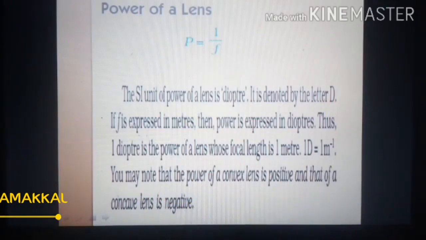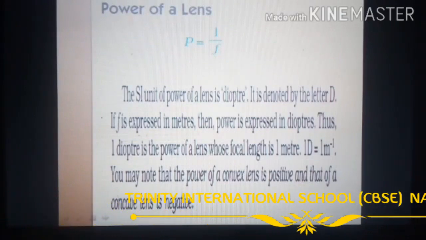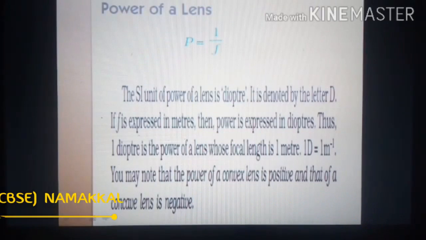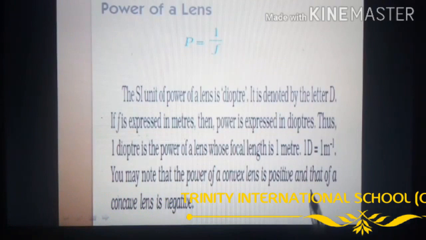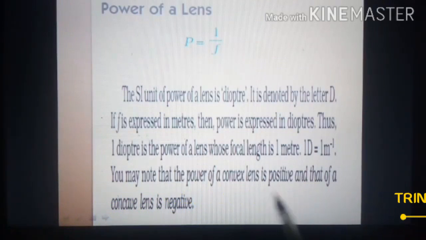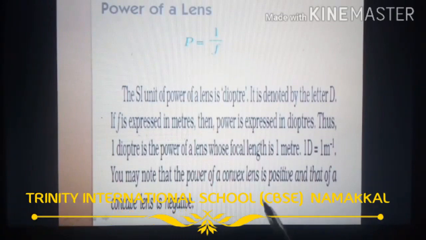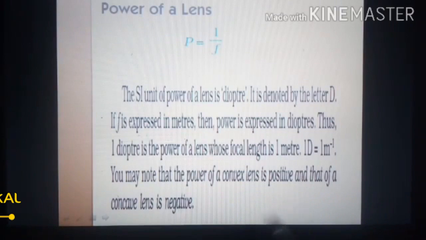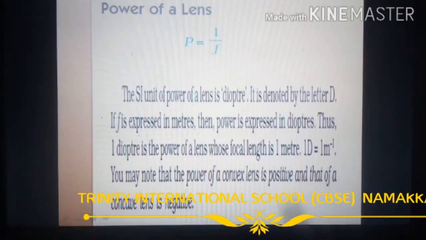Among our students, we are using spectacles. We use different types of spectacles depending on the problem, either myopia or hypermetropia. We use concave and convex lenses to correct long sight and short sight. If we use a convex lens, the power is positive, like 0.2, 0.5, 1, 1.5, 2 diopters.